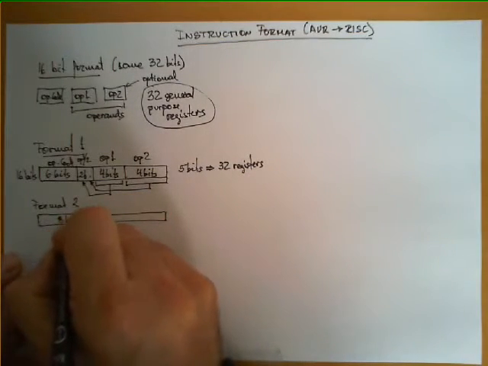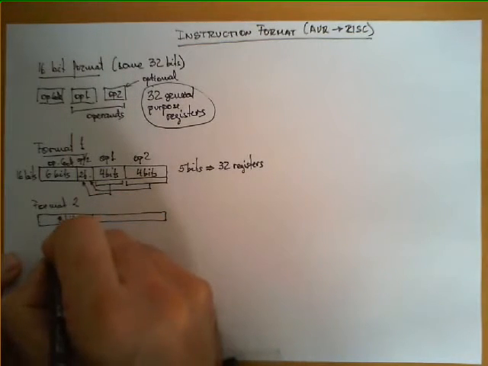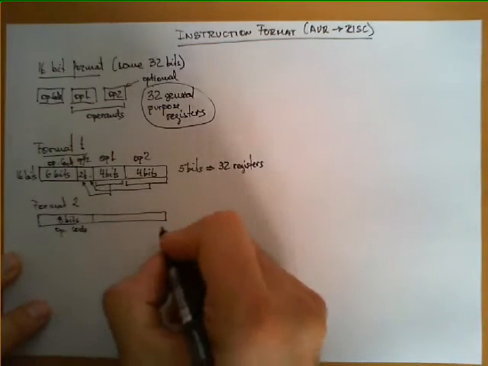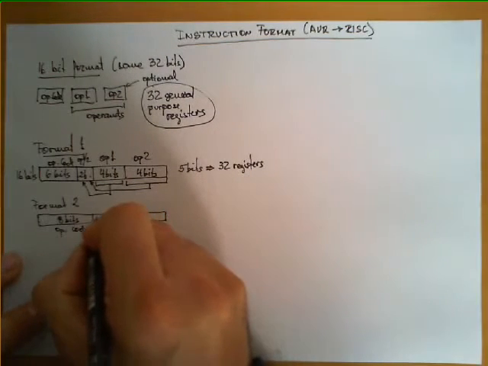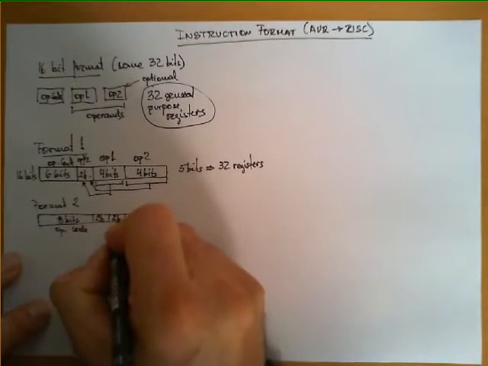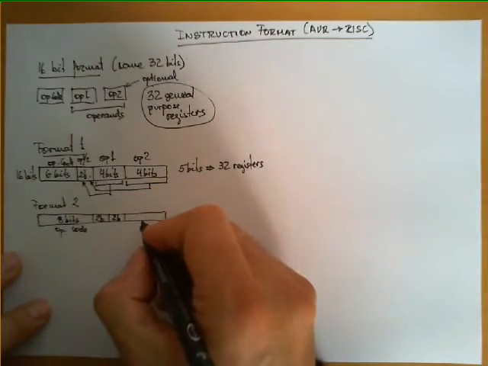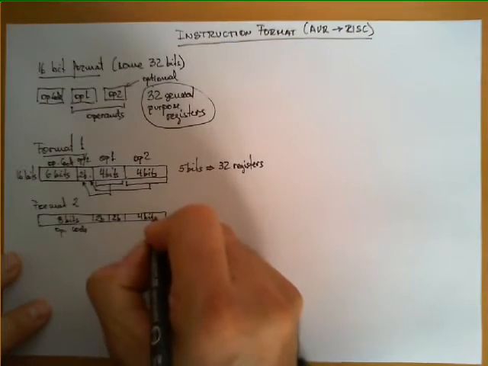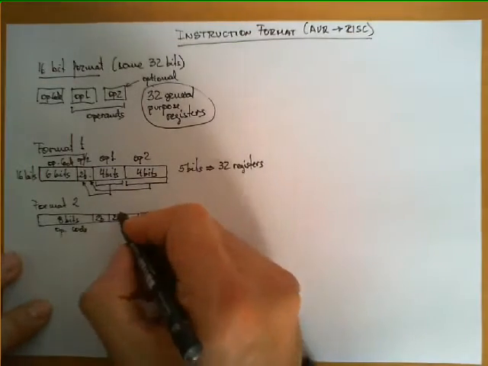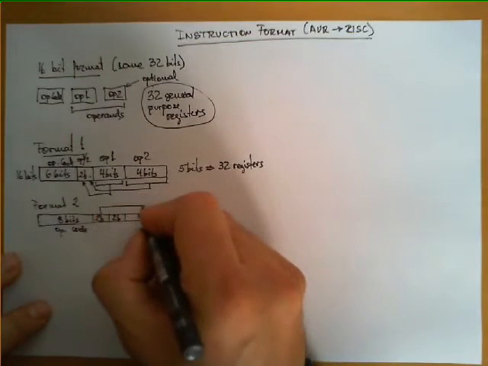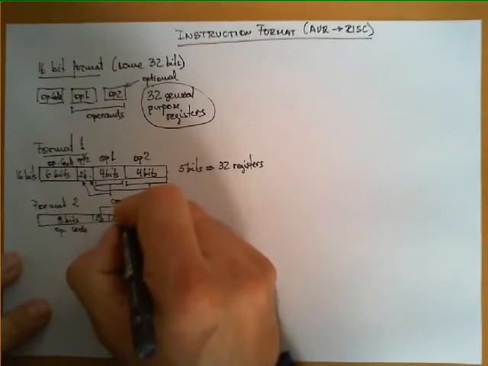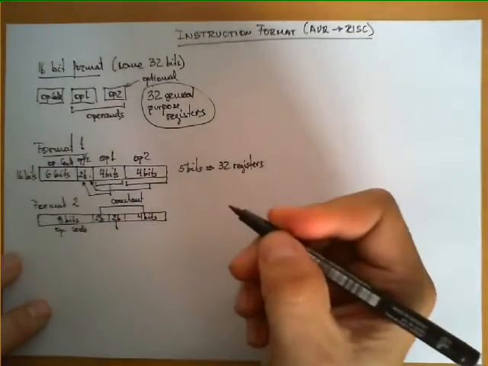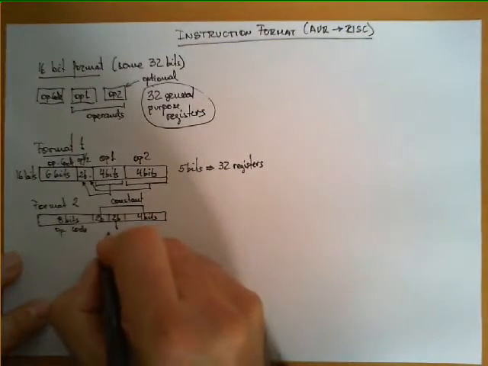We have 8 bits here for the operation code, and then we have 2 fields of 2 bits each, and finally a 4-bit field. Now these 4-bit and 2-bit fields are used to encode a constant, and this 2-bit field is used to encode a register.